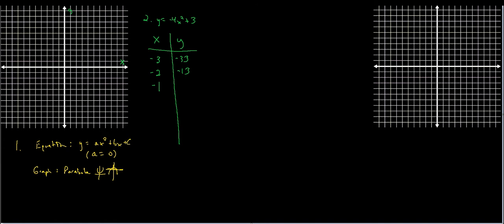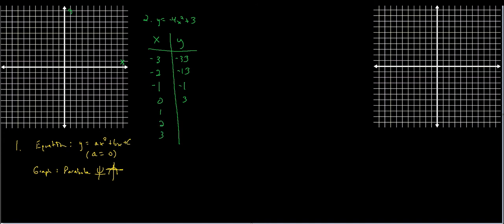Negative 1, we have negative 4 times negative 1 squared, which is negative 4 times 1, which is negative 4. Plus 3 is negative 1. At 0, we have 3, because negative 4 times 0 is 0. Plus 3 is 3. And then 1, 2, and 3.